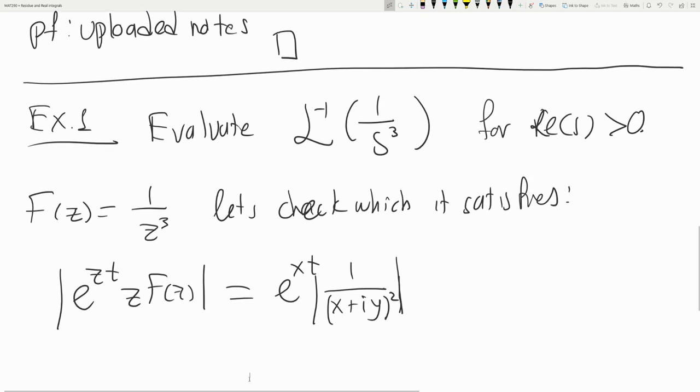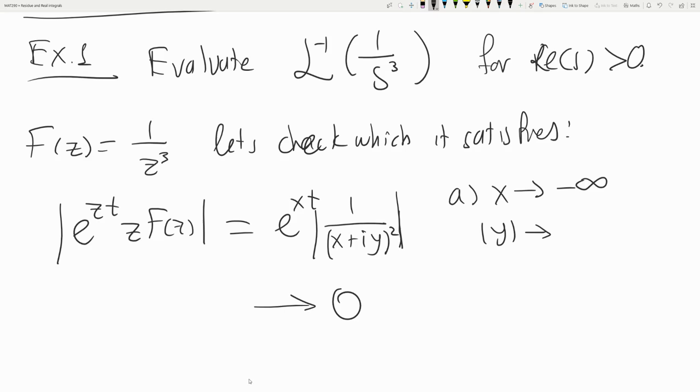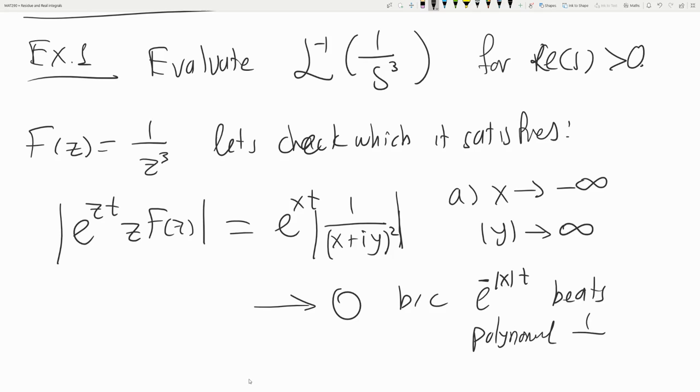Now the question is, what's the limit? Well, this is polynomial. As x goes to minus infinity, this goes to 0. You don't even need to care about y, but let's just say it. This goes to 0 because exponential, with a negative exponent, beats the polynomial 1 over x squared.